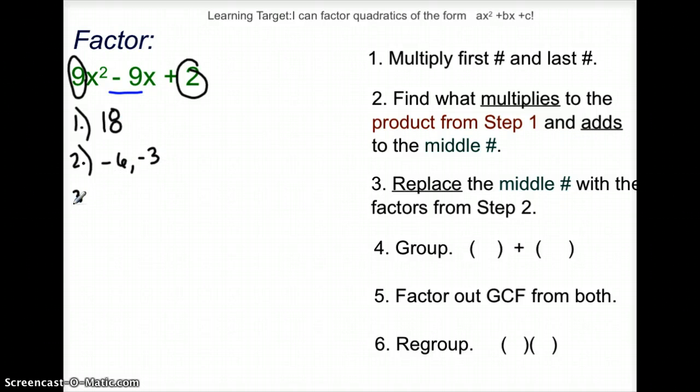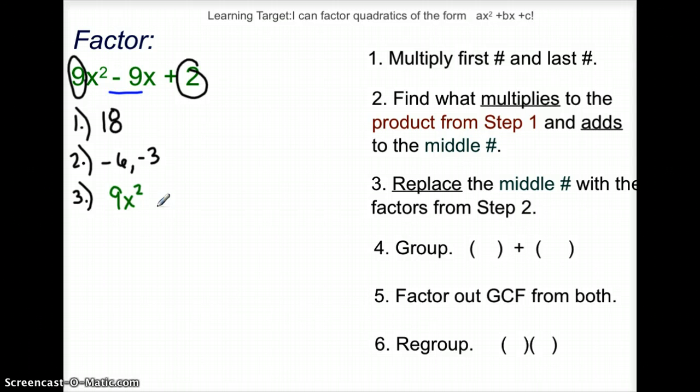Sure do. All right. So then step 3 says, replace the middle number with the two factors we just figured out in step 2. So here's what I mean. Take 9x squared, keep it as it is, but instead of having -9x, we're going to expand it.